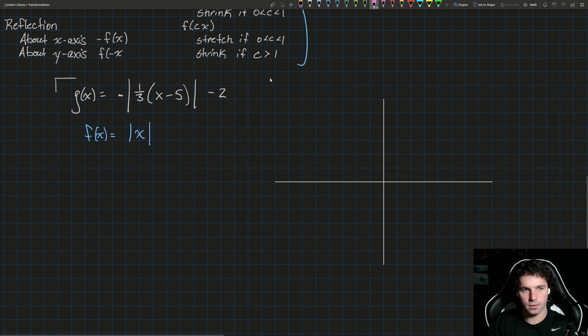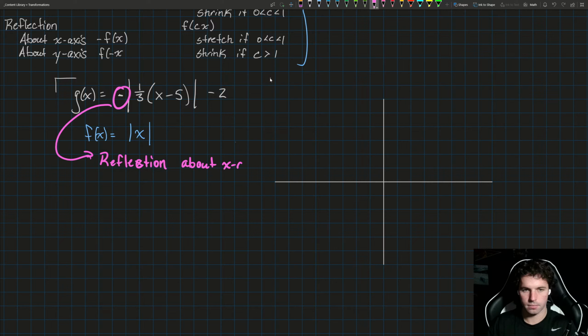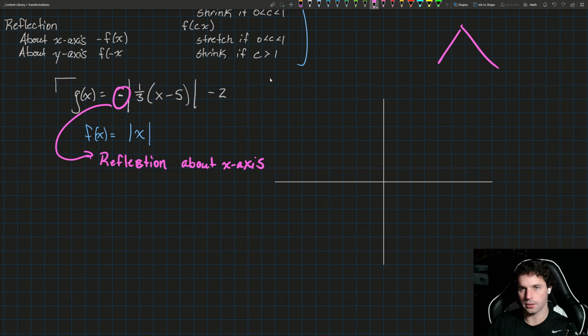Okay, so this negative on the outside, that means we're flipping it upside down. This is a reflection about the x-axis. Okay, so that means it's going to be upside down. So we're going to have an absolute value function. It's going to be upside down, so it's going to look something like this.